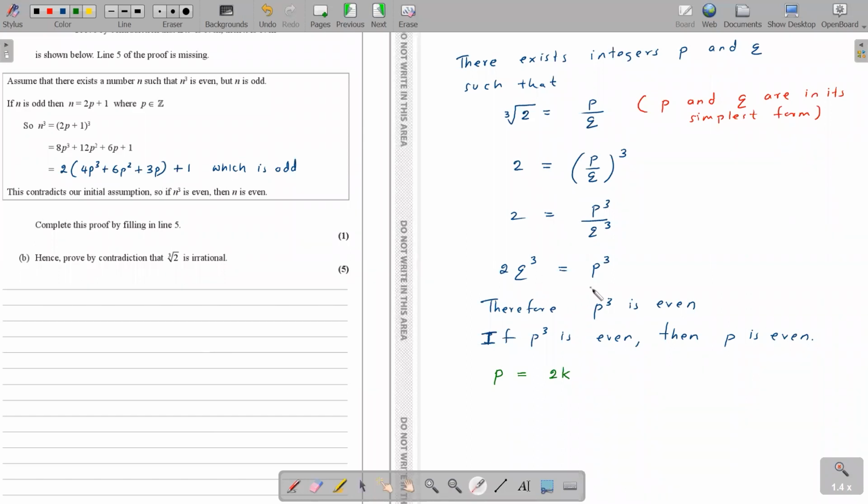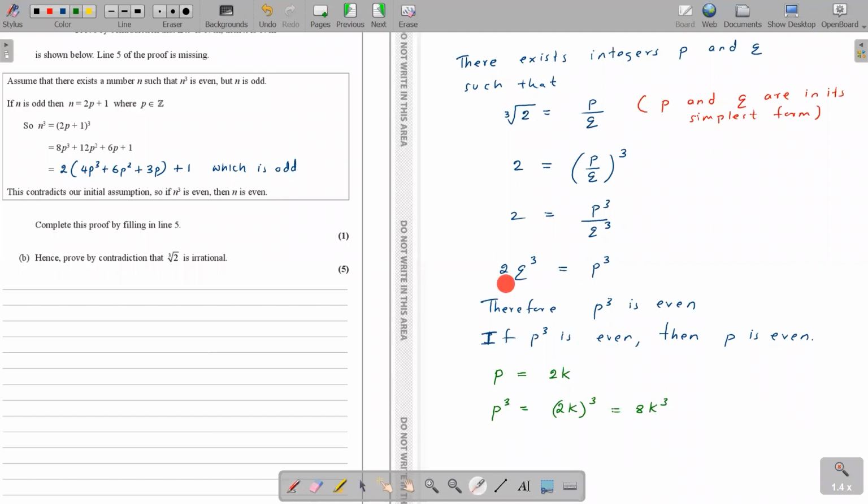I think you can see P cube is equal to 2Q cube, right? Shall we get that value? So what does this give us for P cube? P cube is 2K to the power 3. Are you with me? Which is how much? 8K cube. So what do we know about P cube?